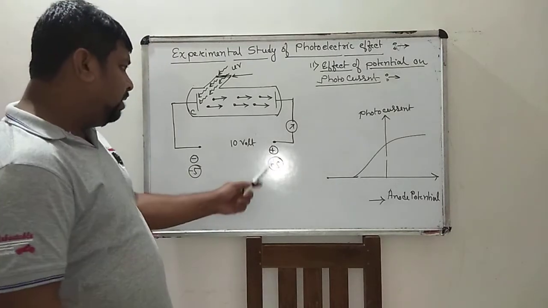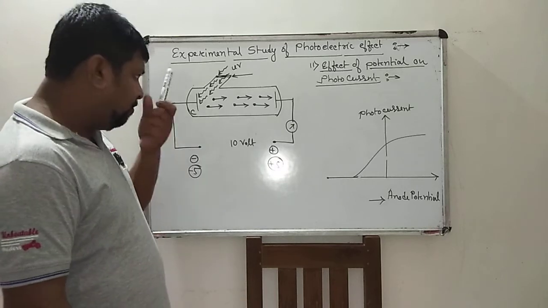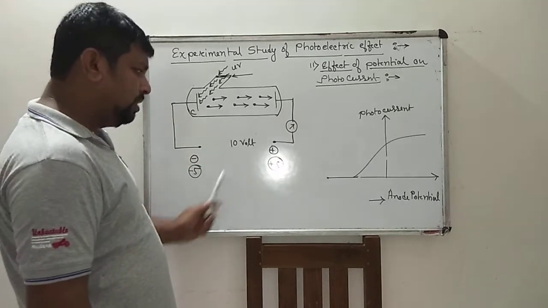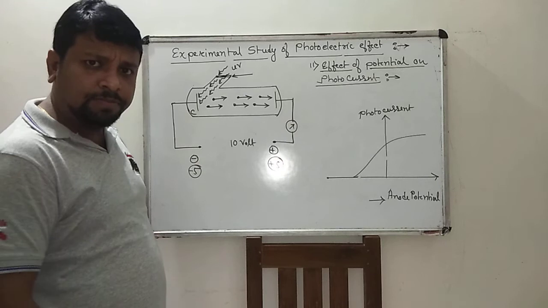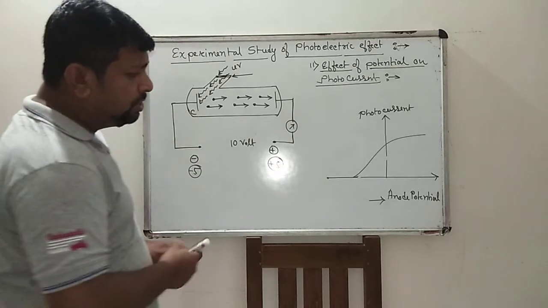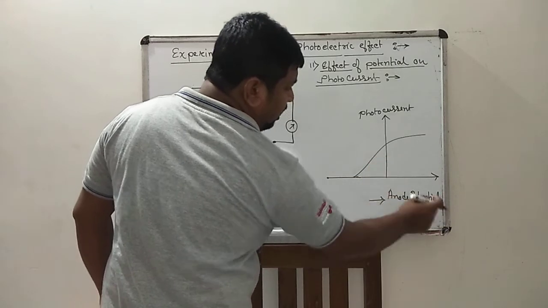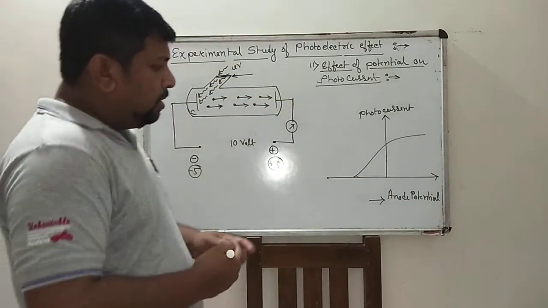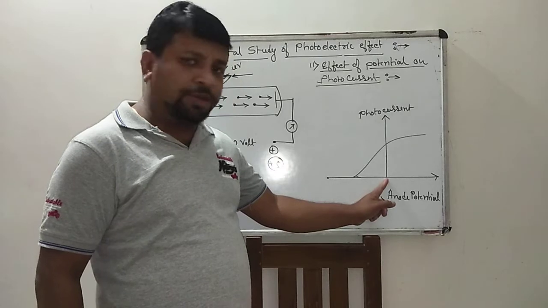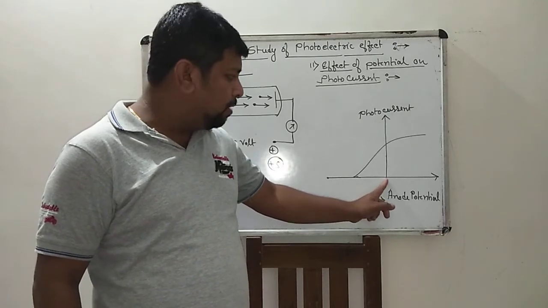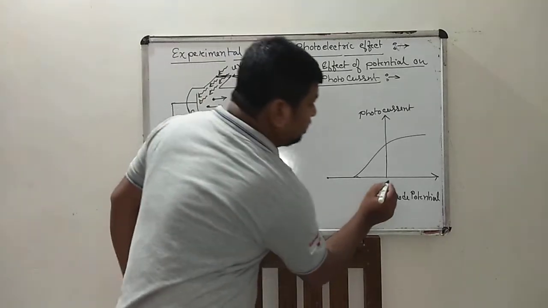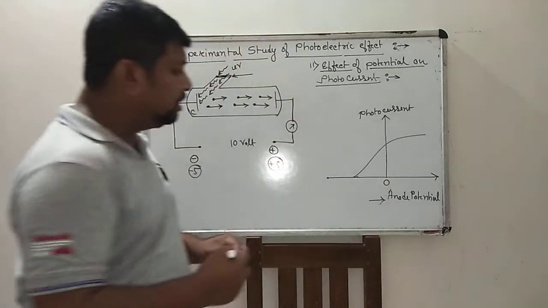Between the two electrodes, cathode and anode, there is a potential difference of 10 volt. At first you see this is anode potential. We start the graph from this point. This is 0 potential.